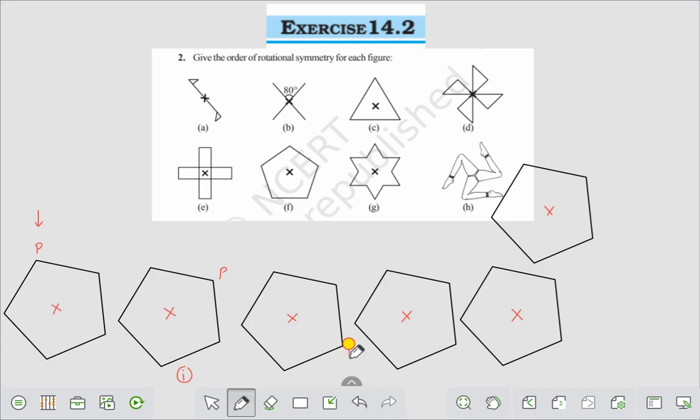Again if we turn, then this P will come here. This is the second position and it looks the same as the original figure. And again if we turn, point P will come here. This is the third position. Again if we turn, this P will come here. This is the fourth position.